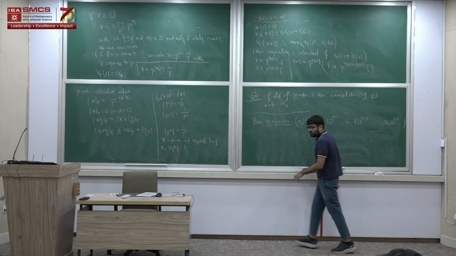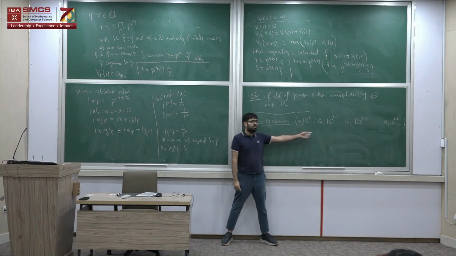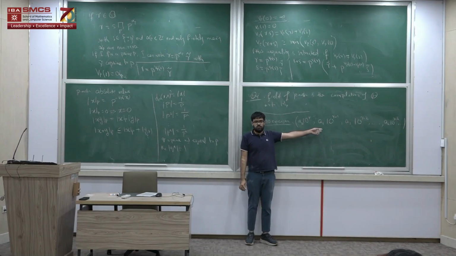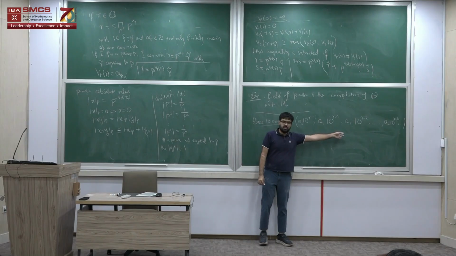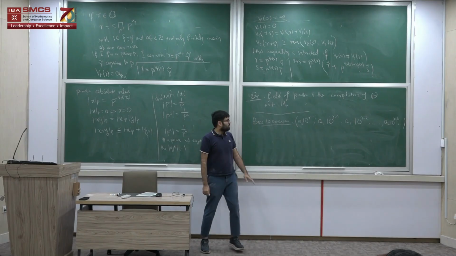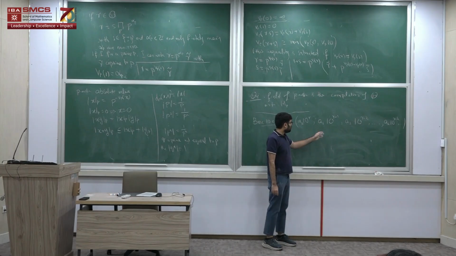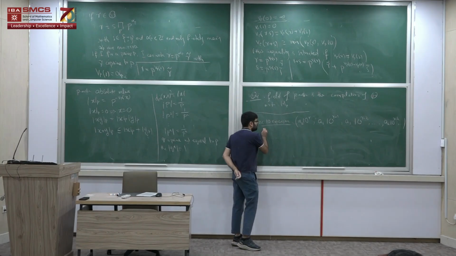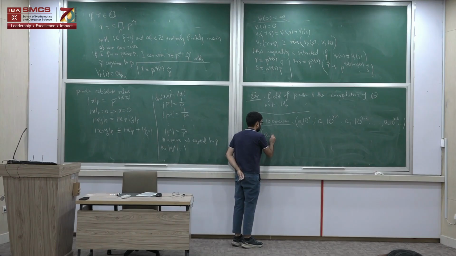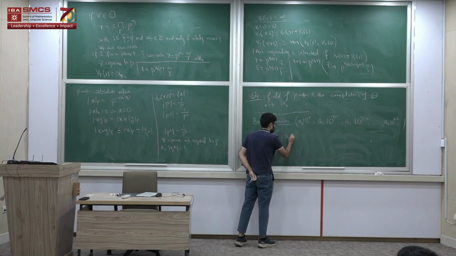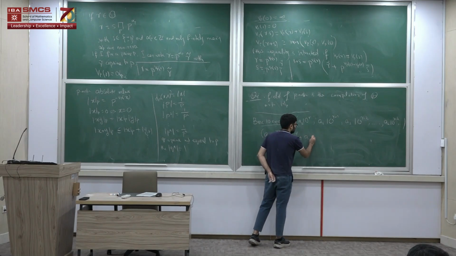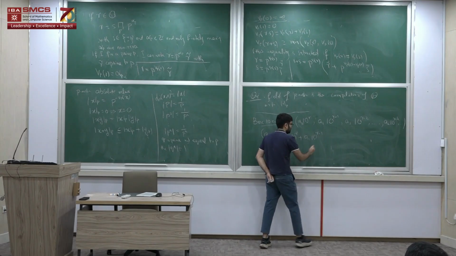This is not a Cauchy sequence, but there is a very easy way to get a Cauchy sequence from this, and that is by taking the partial sums. So, I have a Cauchy sequence whose first term is a0 times 10 to the r, then a0 times 10 to the r plus a1 times 10 to the r minus 1.